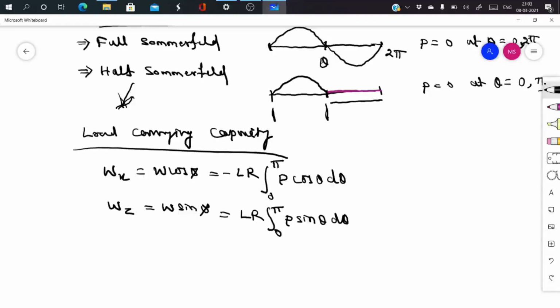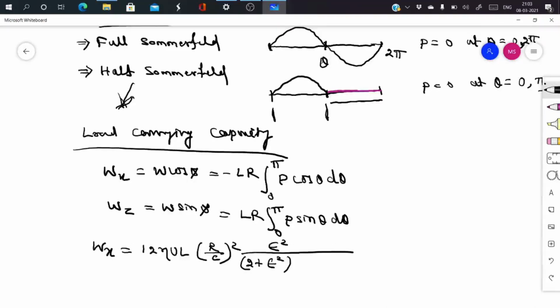So you will get value of Wx as 12 eta u L R by C square epsilon square over 2 plus epsilon square, 1 minus epsilon square. Okay. So this is what you will get as Wx.